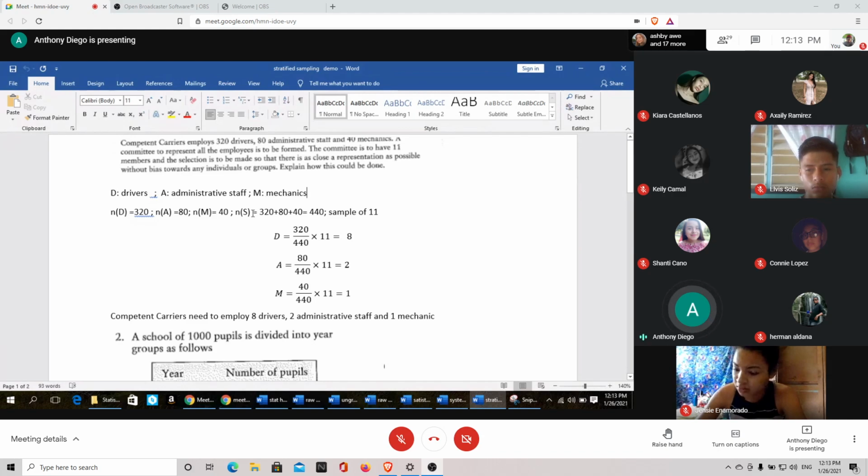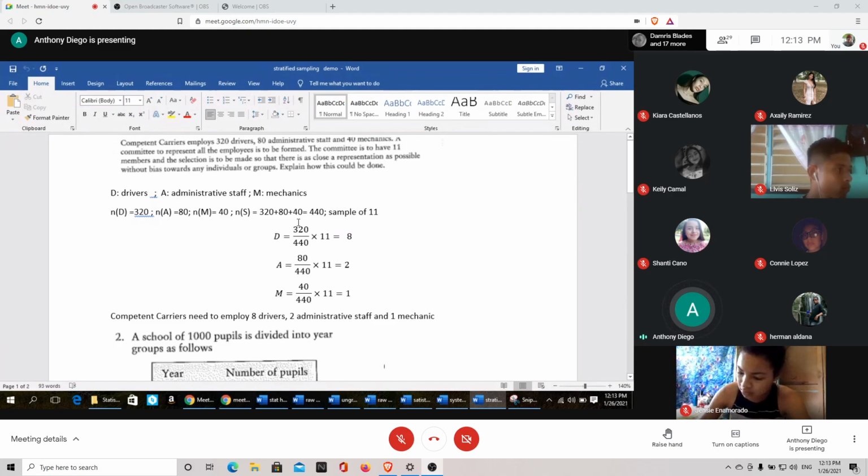But that sample of 11 must consist of drivers, administrative staff, and mechanics. So what you do after you have added all the different strata, which is 440, you will take each stratum and divide it by the population, which is 440, and you multiply by the sample that they're asking you to get.